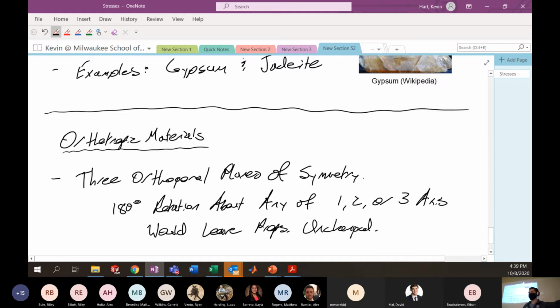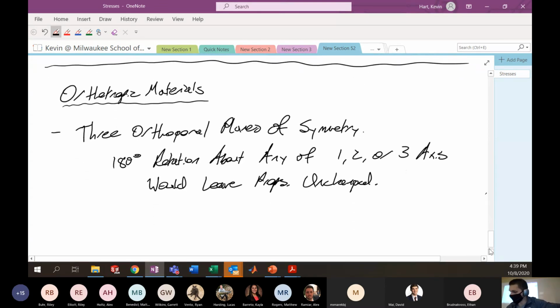So the idea here is that we would start basically with the monoclinic stiffness matrix, by thinking about rotating it about the 3-axis, right? We have that 13 constant stiffness matrix. We could do that one more time by, let's say, applying a 180-degree rotation about the 2-axis and enforcing that what we had before and after is equal. And we could also do a 180-degree rotation about the 1-axis and enforce that it's the same before and after. And we would also have a lot of these zeros canceling out. So it would be a similar procedure, and you're actually going to do that procedure for your homework.